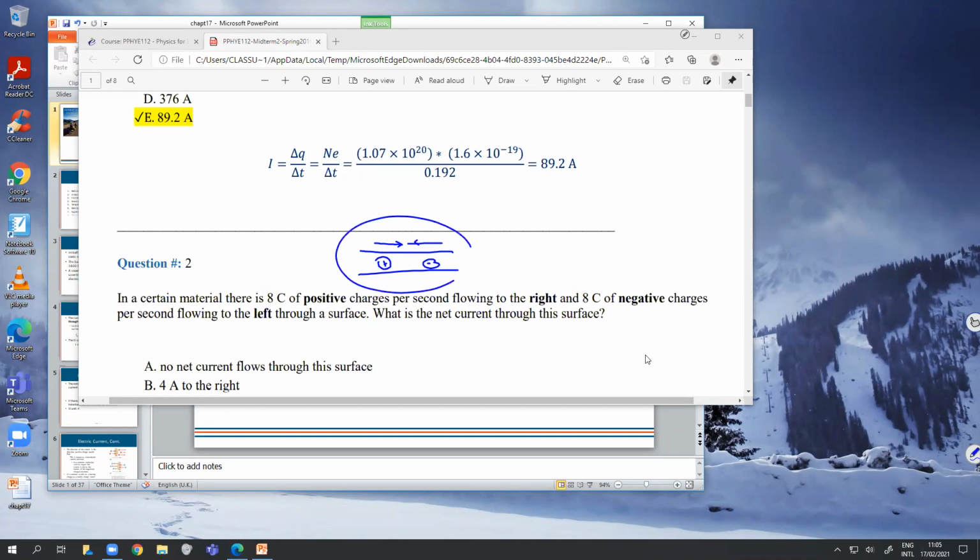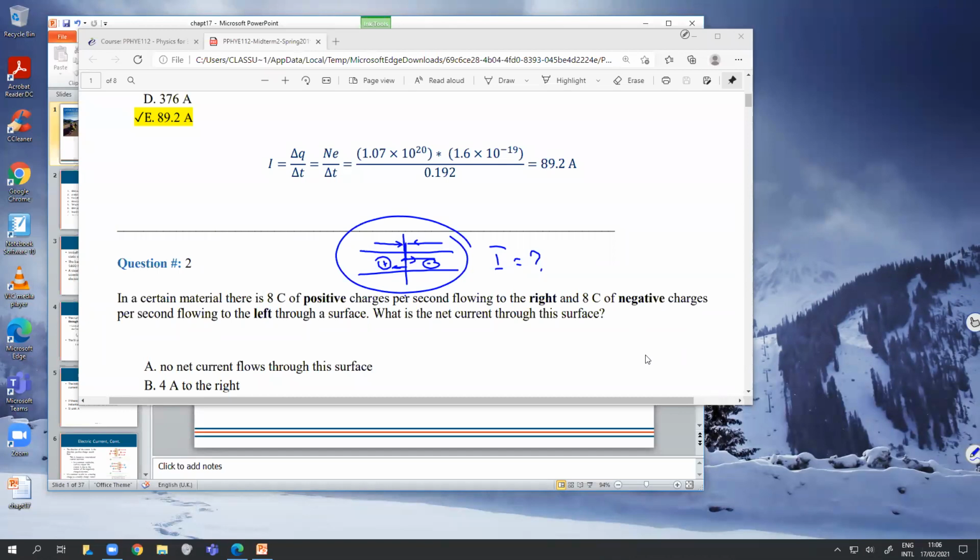Now, if I ask you, what is the current now in this? Let's say at a certain point in time, at the same place. So at this cross section, the proton is going to the right and the electron is going to the left. What is the current there at that moment? What is the answer?